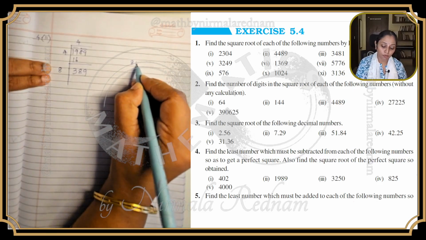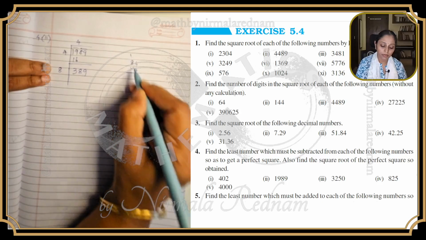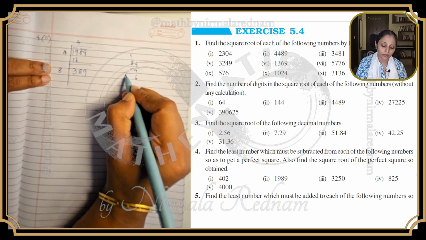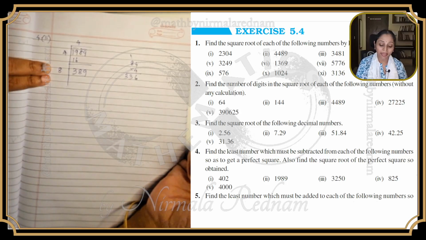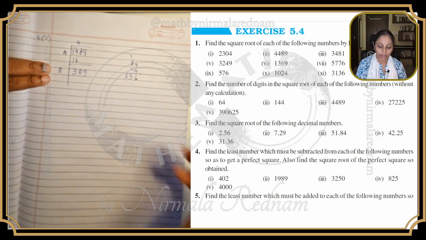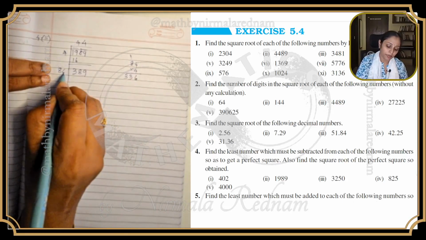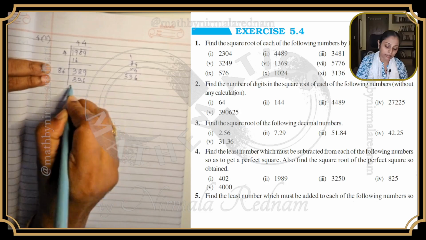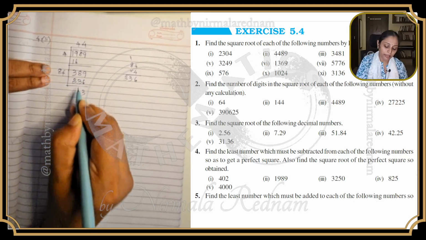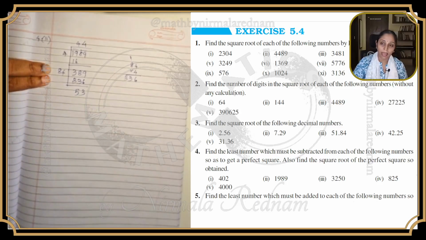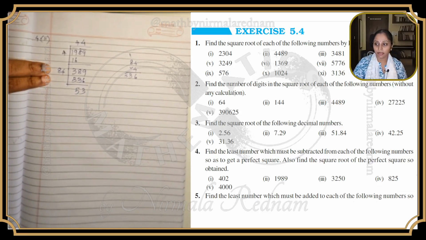Let me check 84 into 4. That's 336. And 85 into 5 will be greater than 400, so that won't work. This is working, so I'm going to put 4 here. 336. So what is the remainder here? 53. And this is what we are interested in, right?